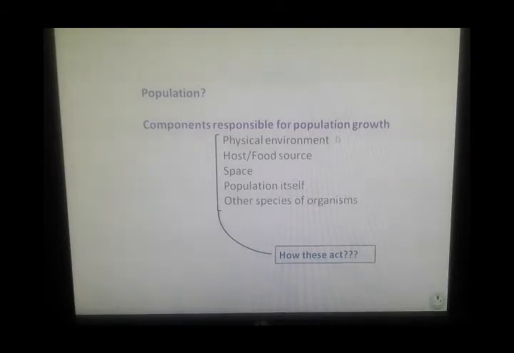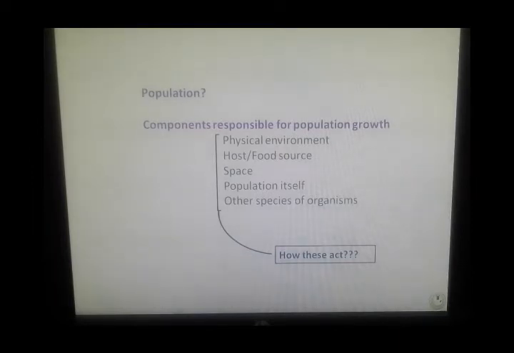So one is physical environment, next is host or food source, then space, then population itself, and lastly but not the least, according to Southwood and Way, 1970, it is the other species of organisms which are having the role in the growth of the population.